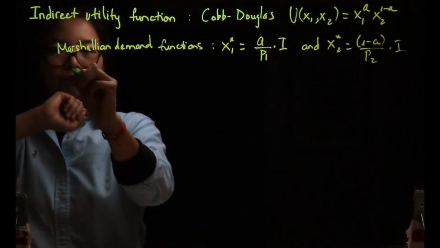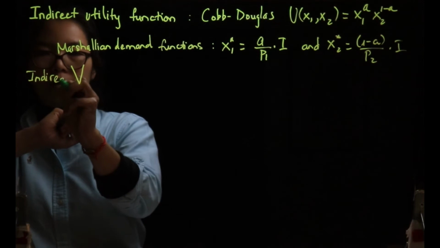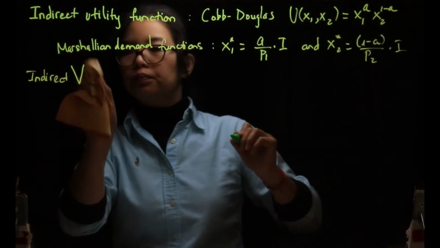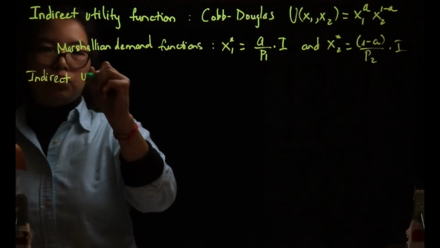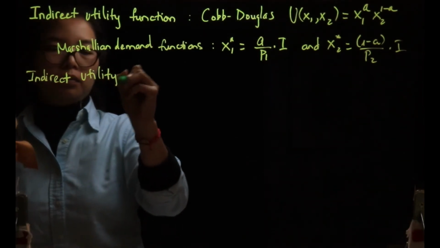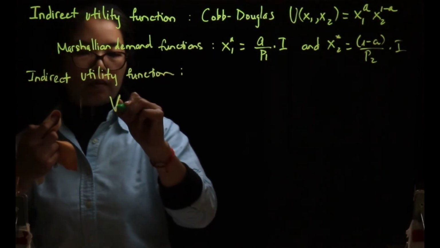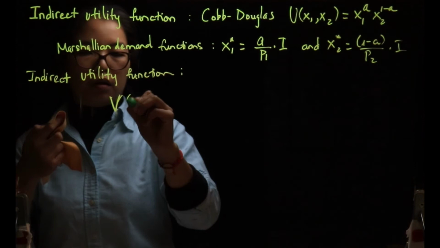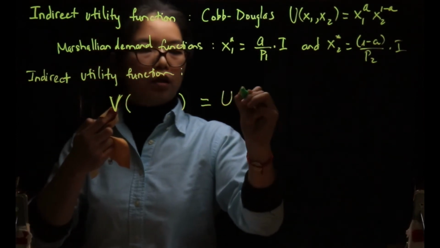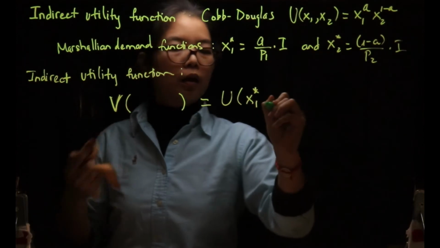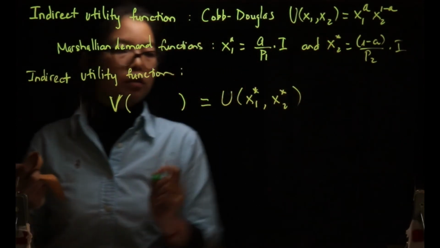So that would be, now we denote it, the indirect utility function, which now we denote as V, equal to where we plug x1 star, x2 star into the function, into this one, right?